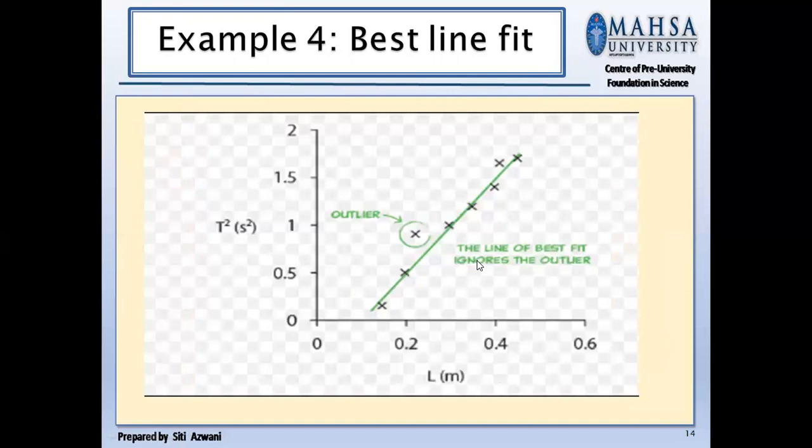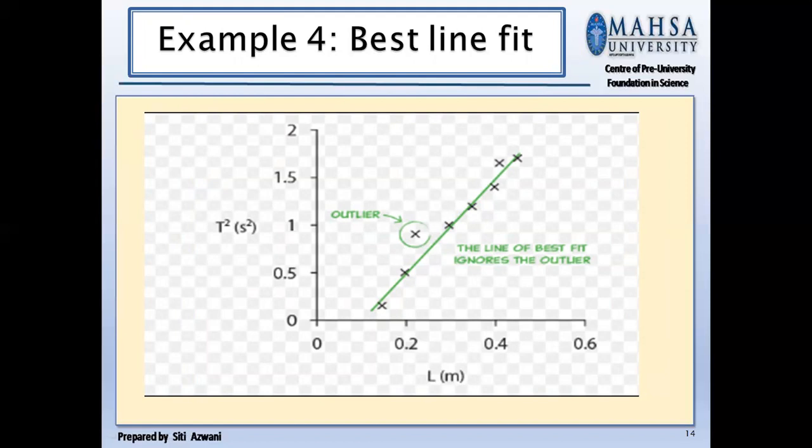Next, an example for best line fit where you have one outlier. This is what we call an inconsistent point. If you want to draw the line of best fit, you can decide to ignore this inconsistent point, it's okay.